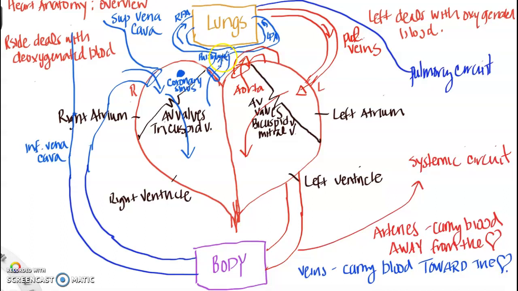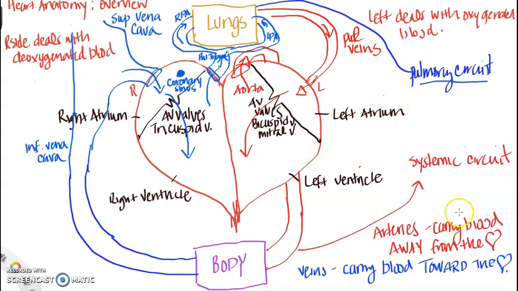So this artery right here, the pulmonary artery, the pulmonary trunk, and right and left pulmonary arteries, these arteries carry deoxygenated blood, but they are arteries. These veins right here, the pulmonary veins, carry oxygenated blood toward the heart. So in the pulmonary circuit, this is what you would think is backwards as far as what the arteries are carrying and what the veins are carrying.